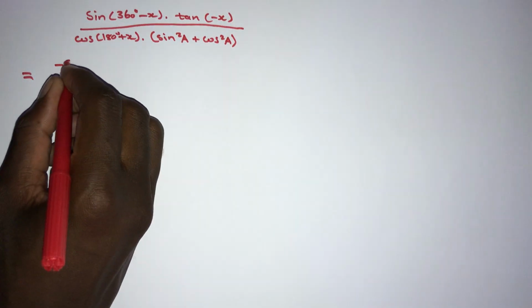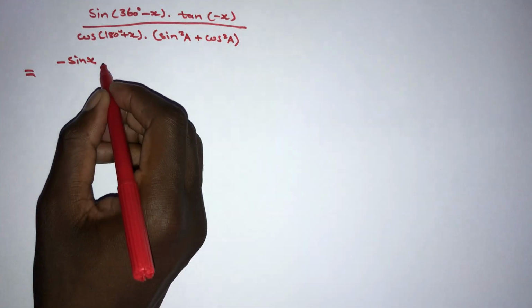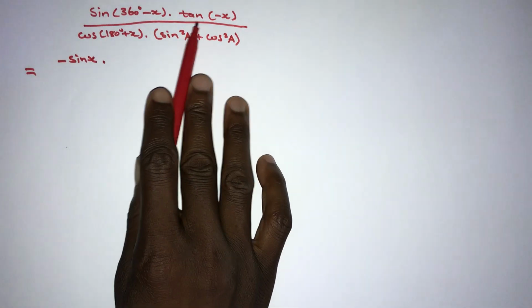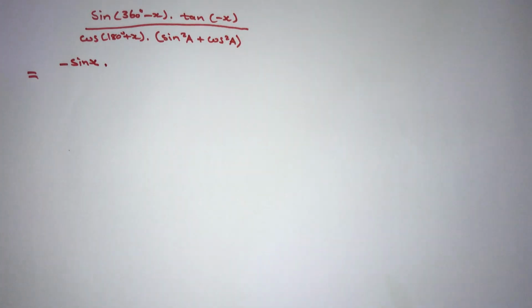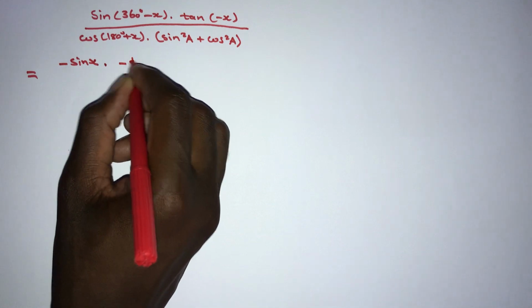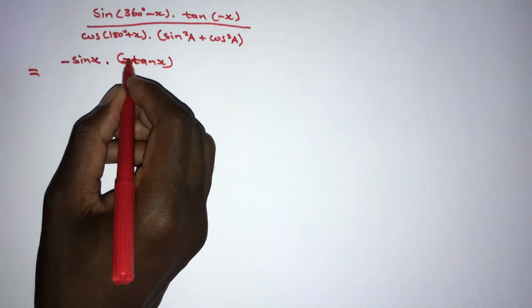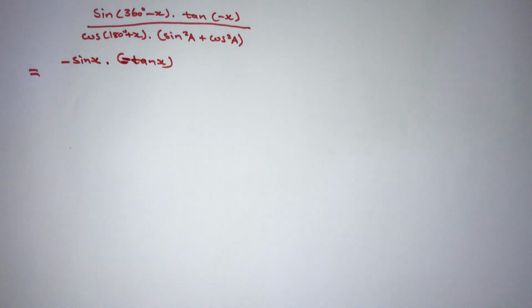So this one becomes negative sine x. Multiply, this is the tan of a negative angle, and all the negative angles are negative except cos. So this one's going to be negative tan x. Let's put the brackets, negative tan x.